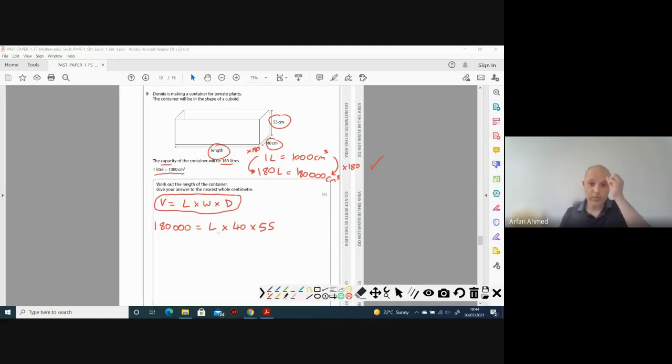We're going to have to work backwards to figure out this length. Well, we can work out 40 times 55. I multiply these 2 numbers together and I get 2,200. Now it's a little bit easier. Something times 2,200 gives us that 180,000.